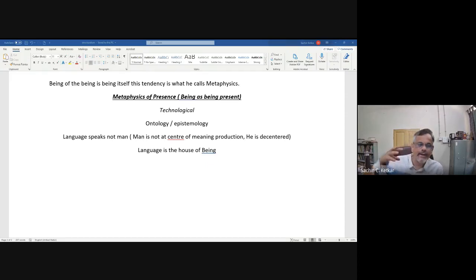So the poet gets decentered, and in Roland Barthes, the reader comes to the center as the producer of meaning. So poems are produced by the readers rather than by authors. That is one of the important ideas of reader response theory that we'll discuss later on. But this is just touching upon this.